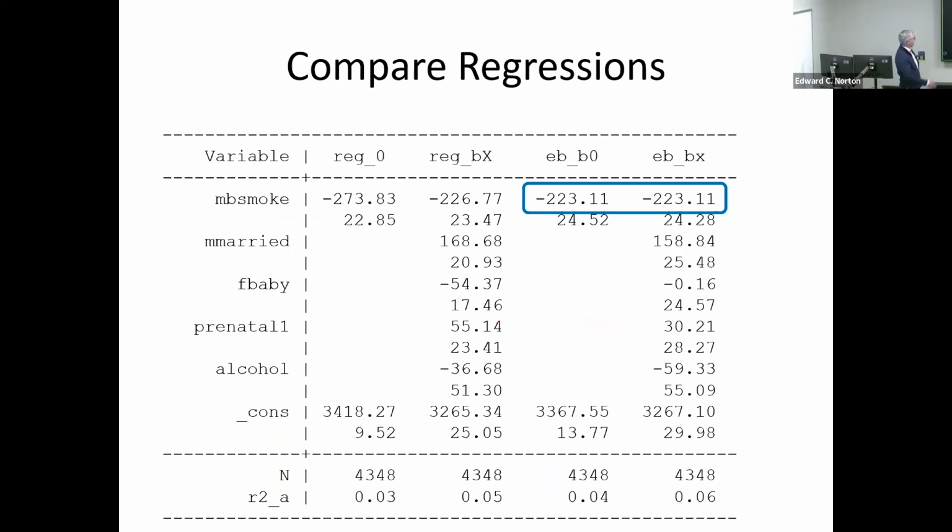What happens then when we run a set of regressions? So this is the simple regression with just the dummy variable. This reproduces the simple mean difference between smokers and non-smokers of 274 grams. We can run a typical regression without any matching and just throw in those 4 dummy variables.